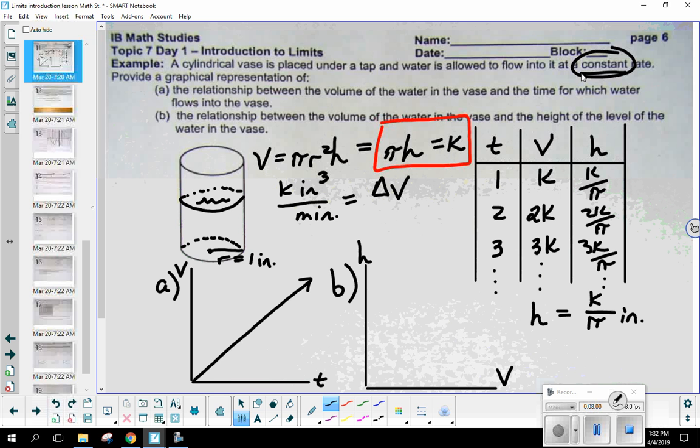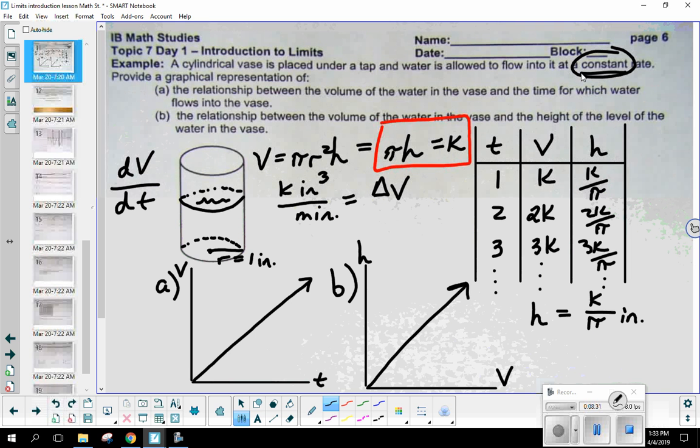So what you're actually going to come to find out is that the relationship we have between the volume and the time, and the relationship between the height and the volume, would actually be similar. We're talking about the change in one with respect to the change in the other. When we're talking about the first one here, I seriously considered going through this a different way, but how many people would recognize this if I'd use that notation?